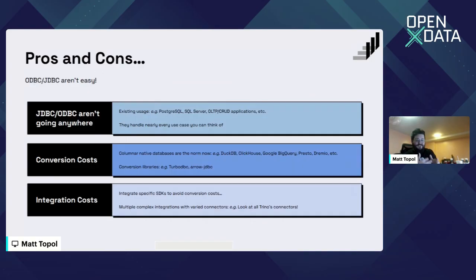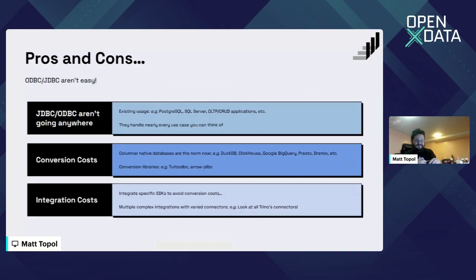Which means that if you're using ODBC and JDBC, you now have to do a conversion just to pass the data over. And a conversion is also a copy, which is expensive and slow. If you want to avoid that conversion, then you need to have specific SDK integrations with each and every system you want to integrate with.